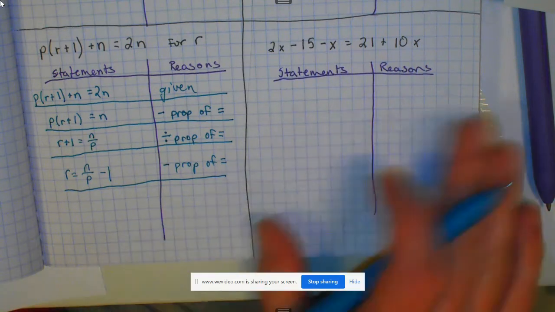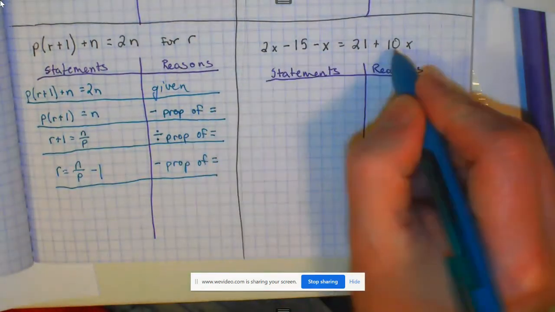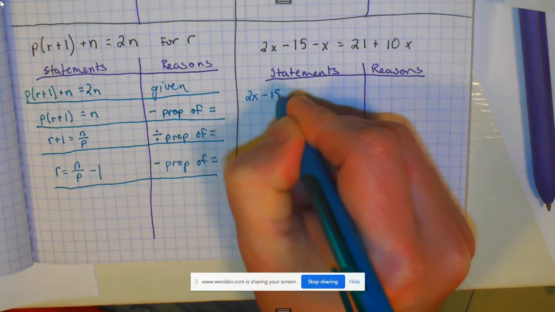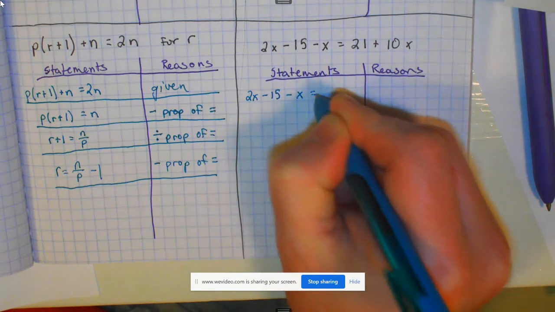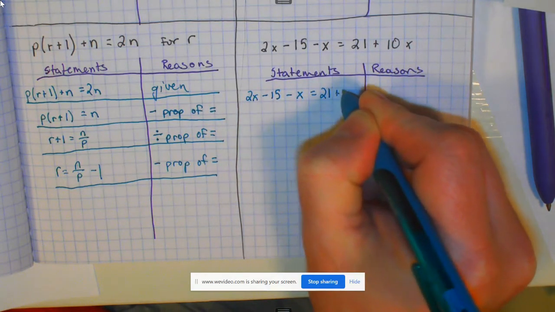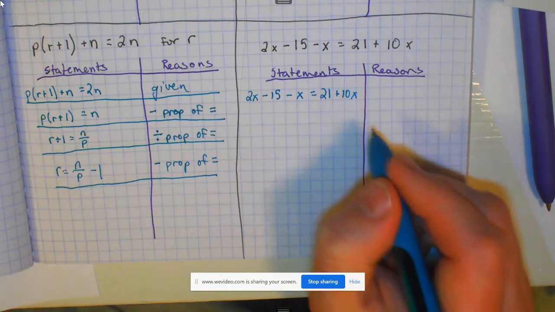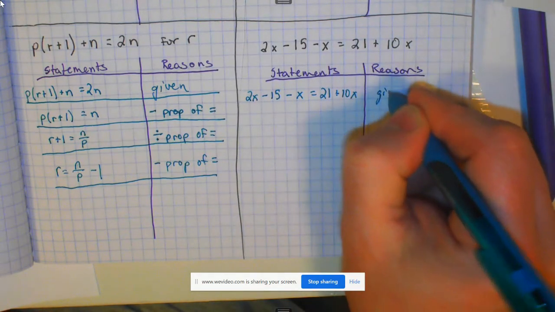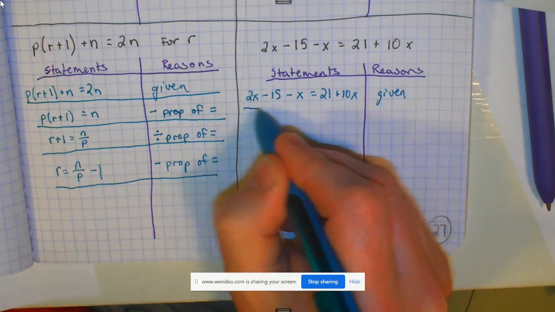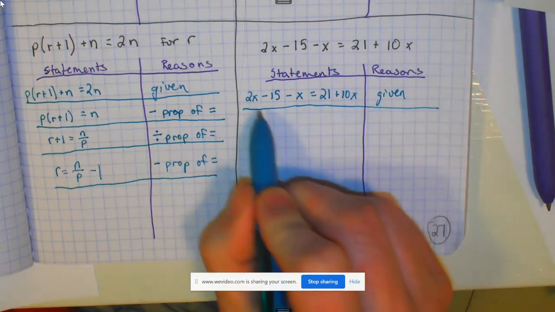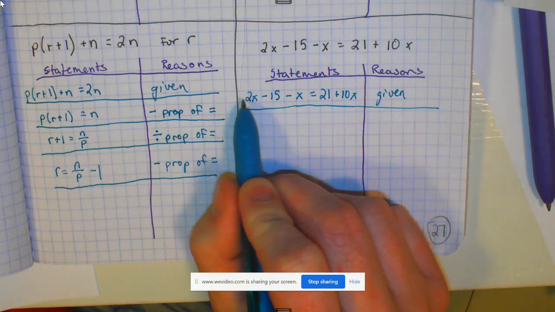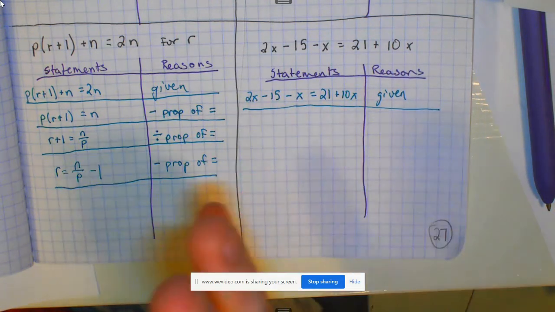Over here, again, we're just going to rewrite what they provided us. So 2x minus 15 minus x equals 21 plus 10x. And that is given. And you should notice here that you can combine like terms on this same side. So you have 2x minus x. So we want to combine like terms.